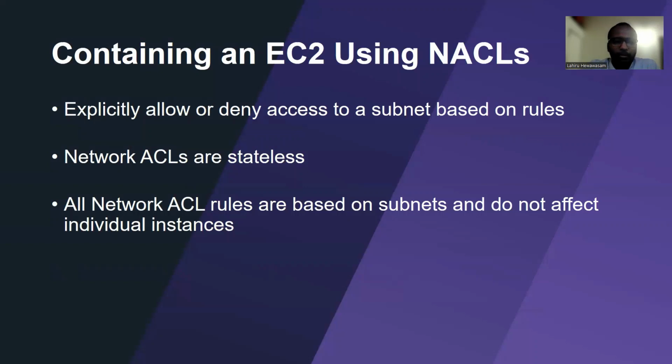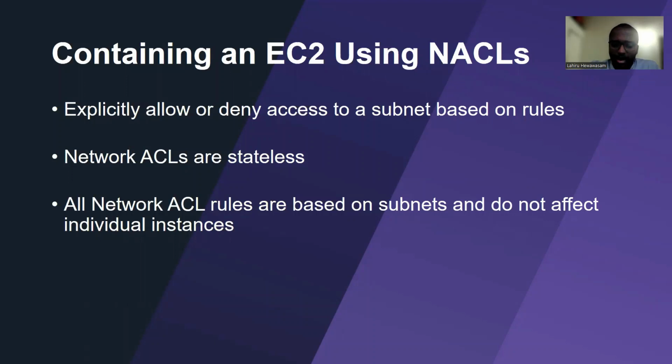It's important to remember that network ACLs explicitly allow or deny access to a subnet based on the rules that you create. So it's not an instance, however, it's a subnet. It's also important to remember that network ACLs are stateless.